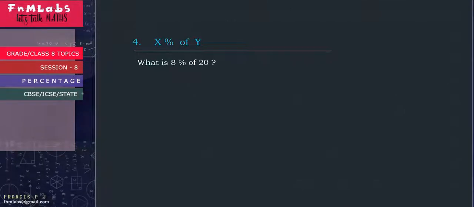Now the question is, how will you find a percentage of a number? We know 100% of a number is the number itself. So what is 8% of 20? Let's see how much is this amount. We saw 8% is nothing but 8 by 100.